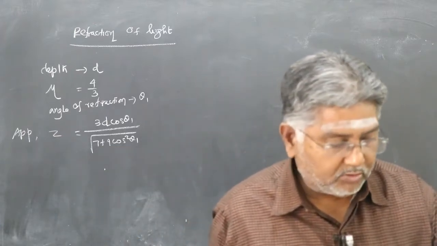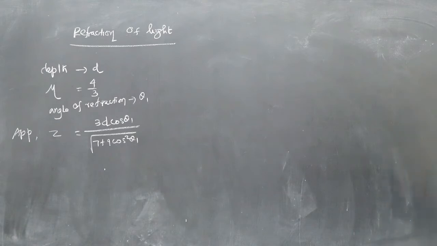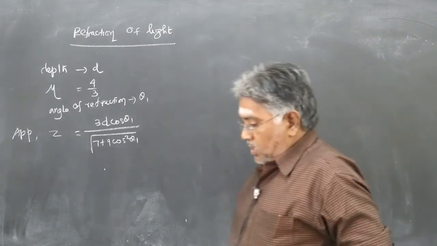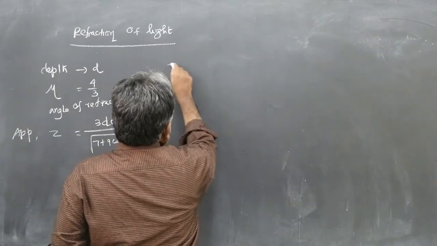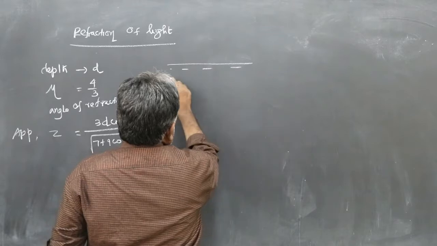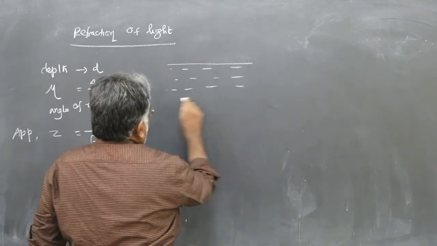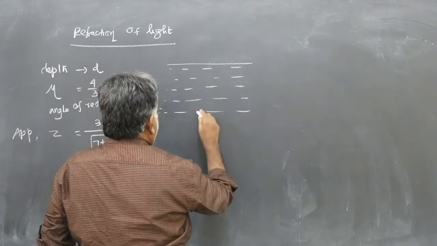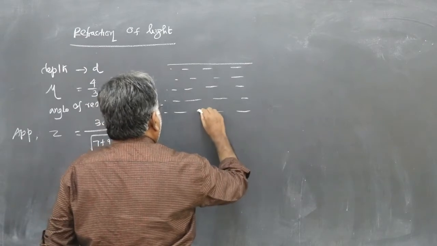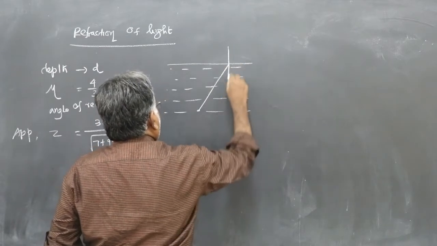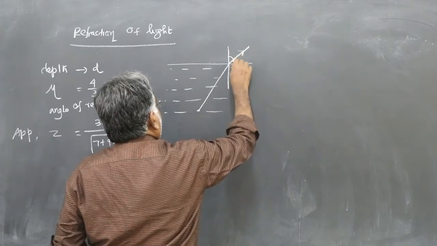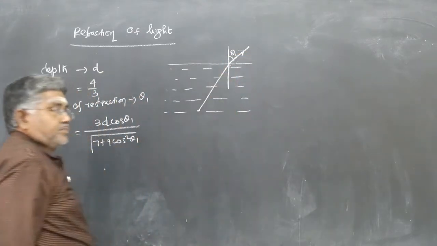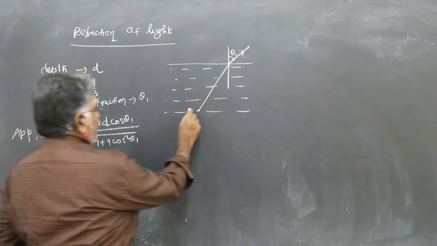Okay, we see how to solve the sum. Say there is a fish here, angle of refraction theta 1.